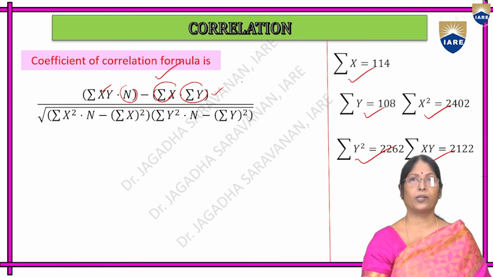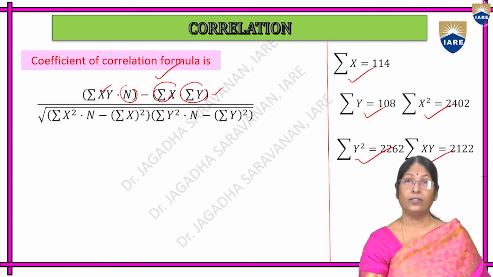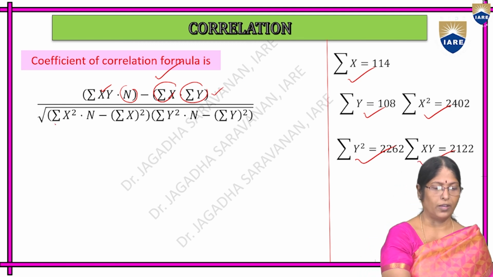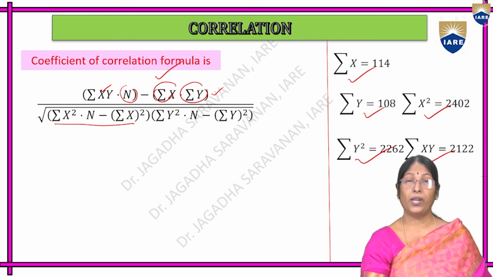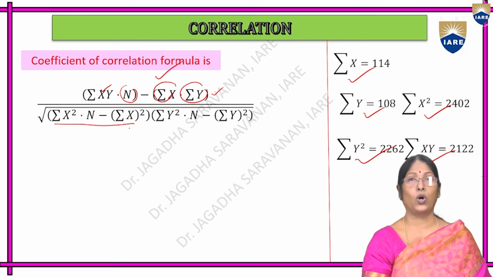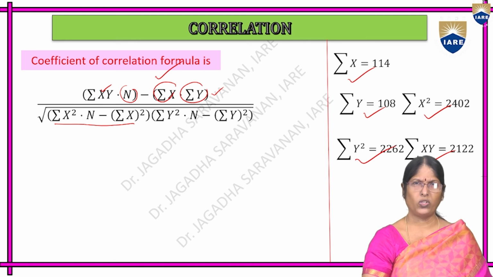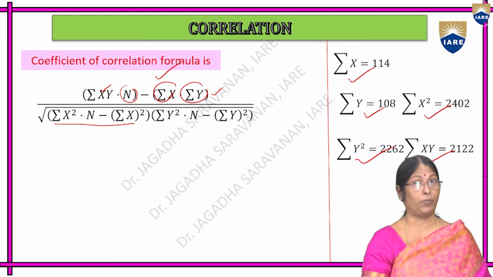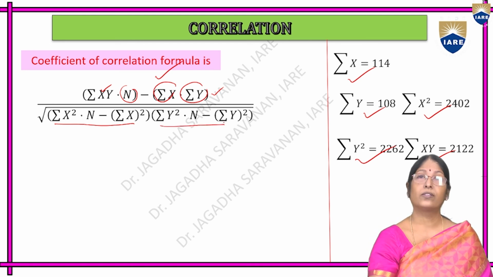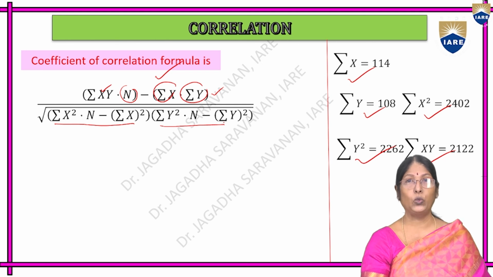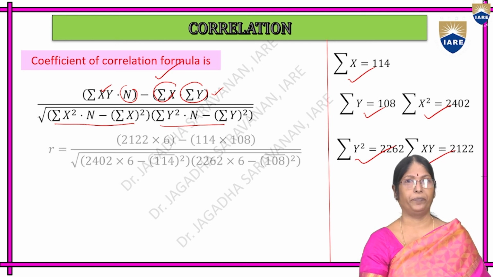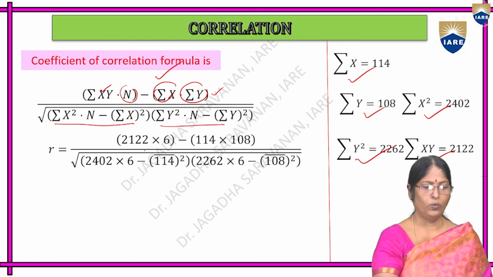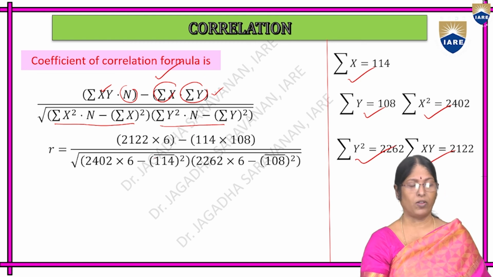This is the numerator part, divided by the square root of summation x square into n minus summation x the whole square, multiplied by summation y square into n minus summation y the whole square.